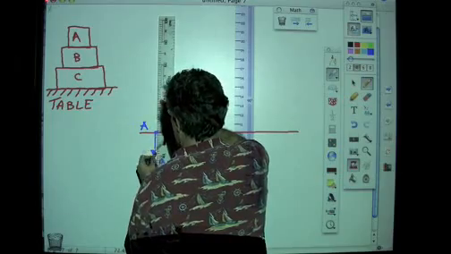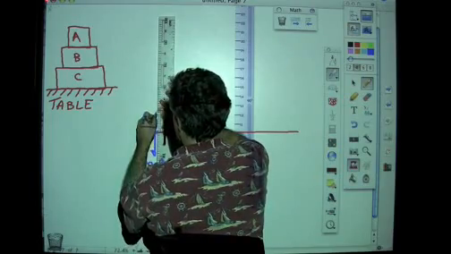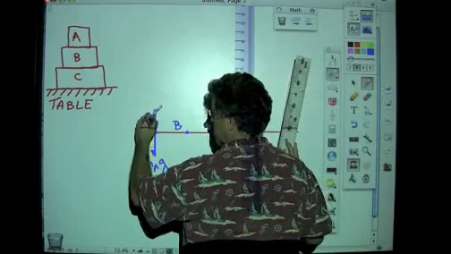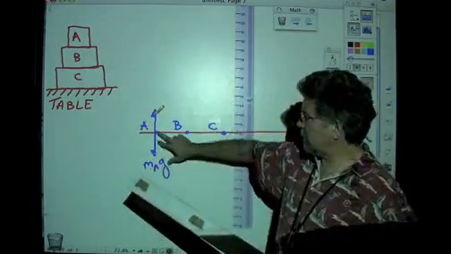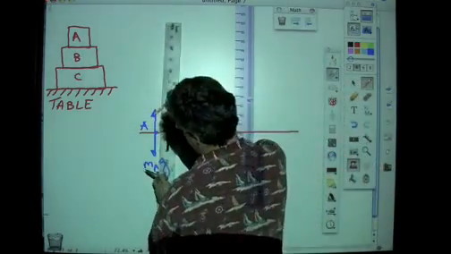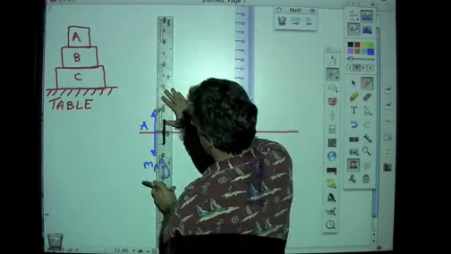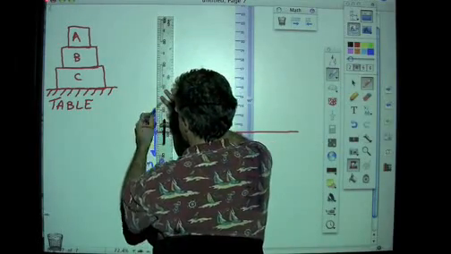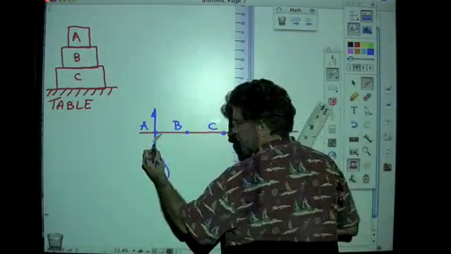It'll be equal distance to what the MG is. So these two are congruent.